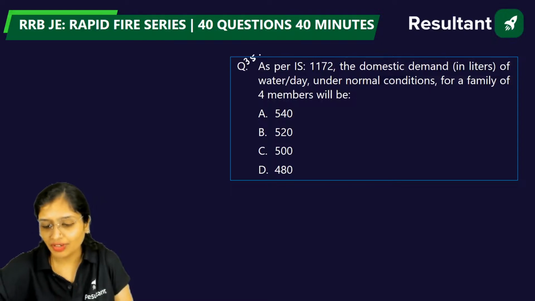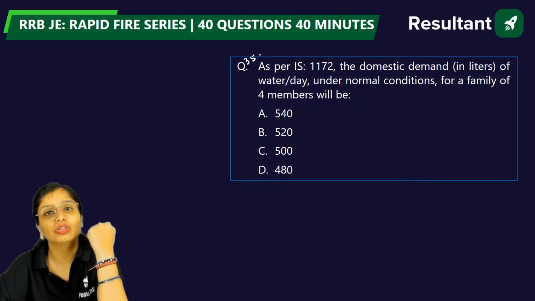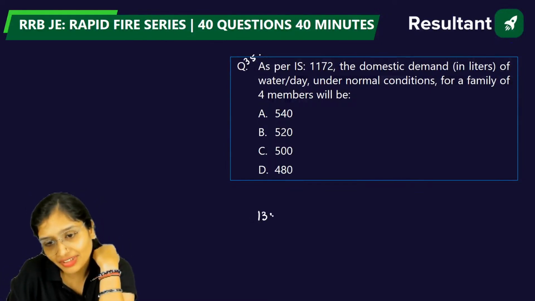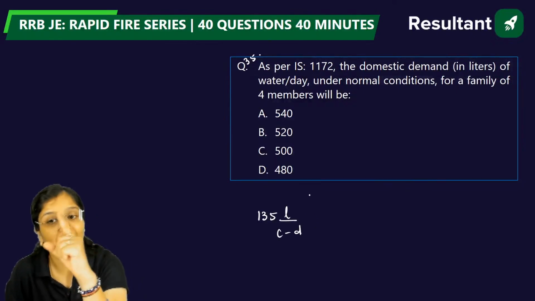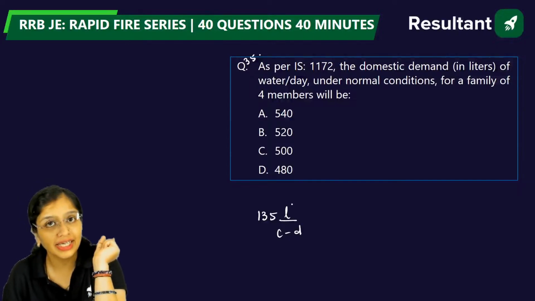See, one person utilizes how much amount of water? 135 liters per capita per day. Who told you this? This is as per IS 1172:1993.